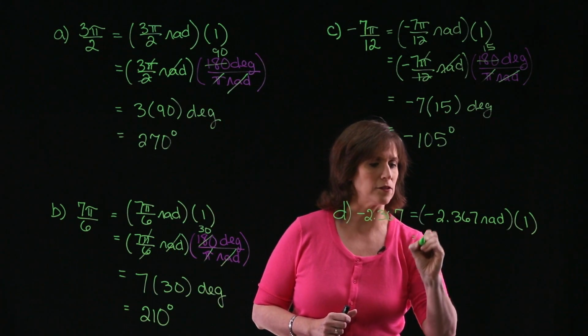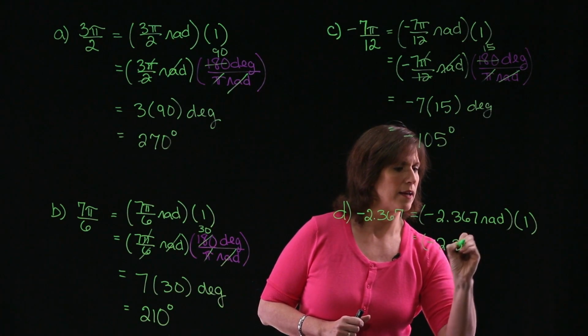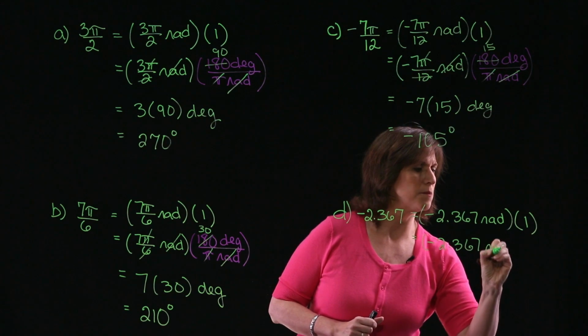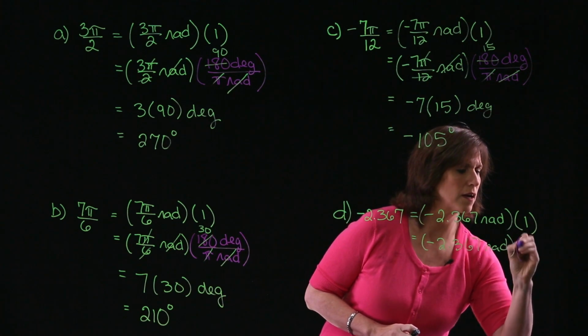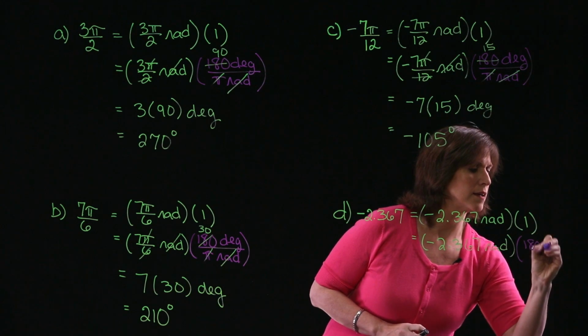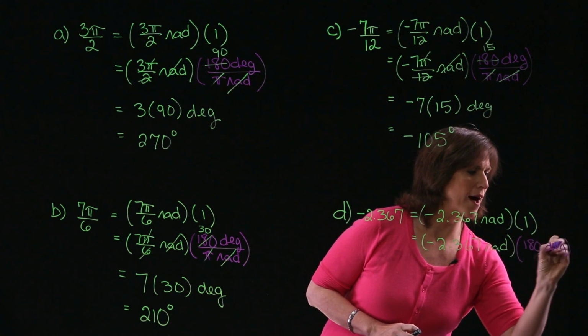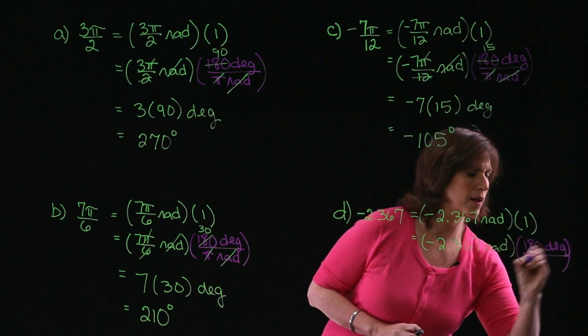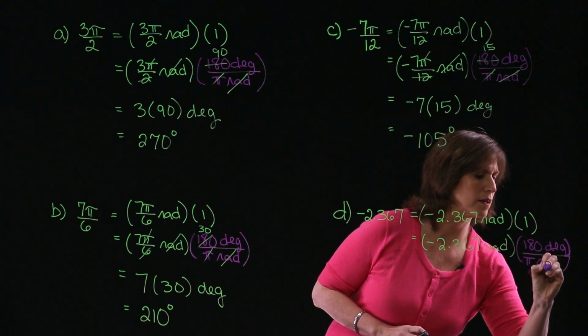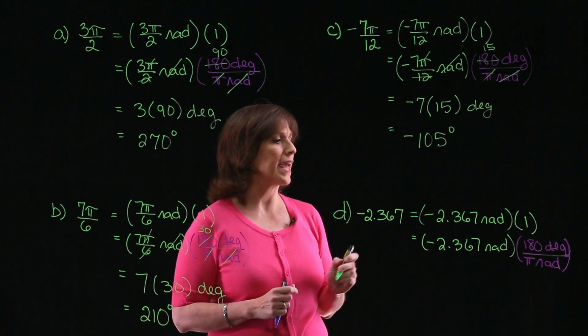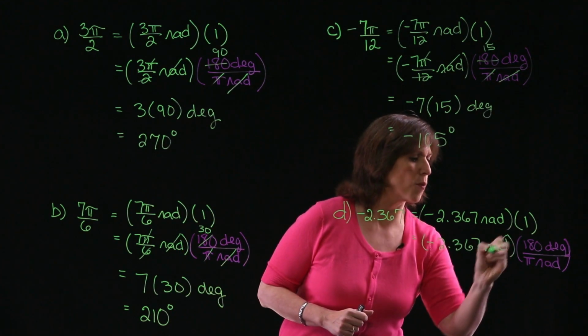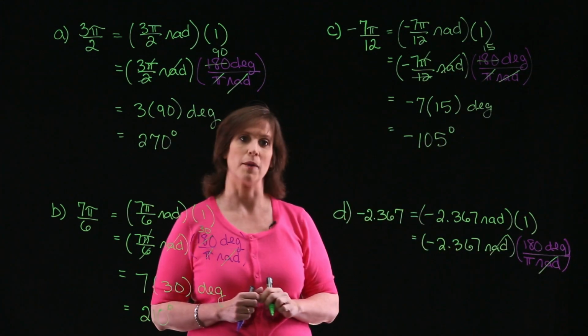My conversion factor is going to be 180 degrees divided by pi radians. Okay, so now this is usually where all the cancellation happens, and as always, the units cancel for me.